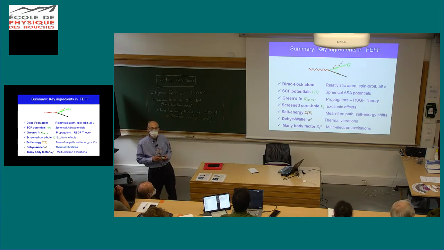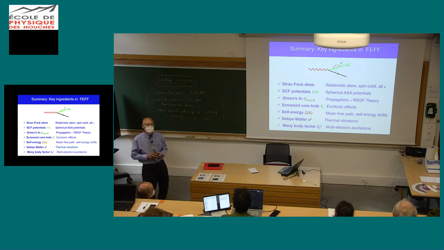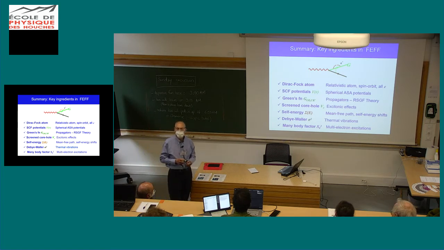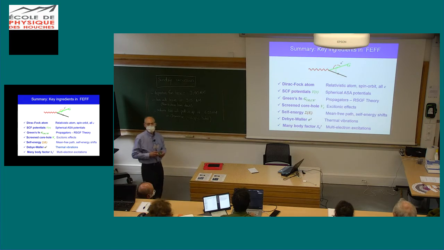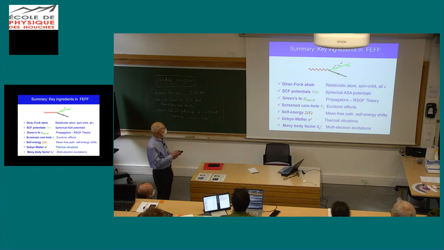It's one of these miracles of condensed matter physics that the core hole localizes. And it's not a Bloch wave. The X-ray finds the electron, always seems to be from one of those core levels. So prove that. That's a challenge, but it's true. Okay, anyway, we have the self-energy.